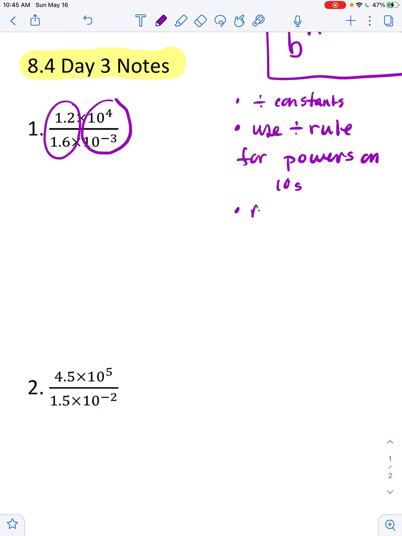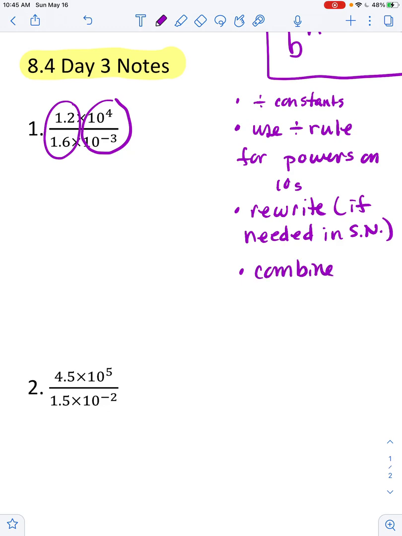And then after that, I'm going to rewrite if needed in scientific notation, because remember yesterday some of the numbers came out where they had too many digits to the left of the decimal. And then I'm going to go ahead last and, just like yesterday, combine those powers of 10.